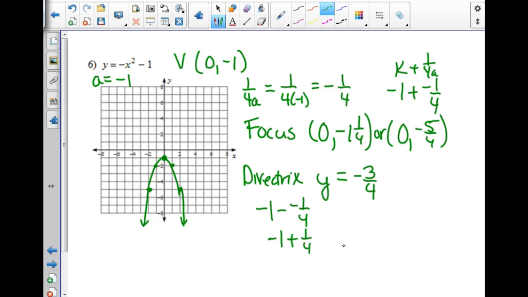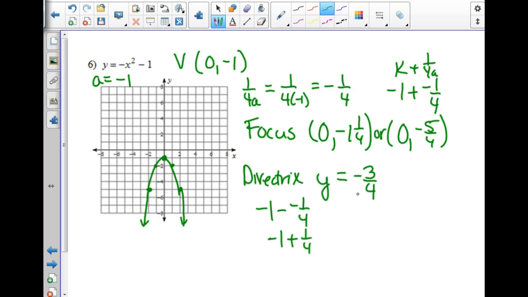Questions at this point? No? I know some of you are going, oh my gosh, there are a lot of fractions. Yep, there are. You've got to remember that it's 1 over 4 times a. That's where I see the mistakes: people will think it's 1/4 times a.